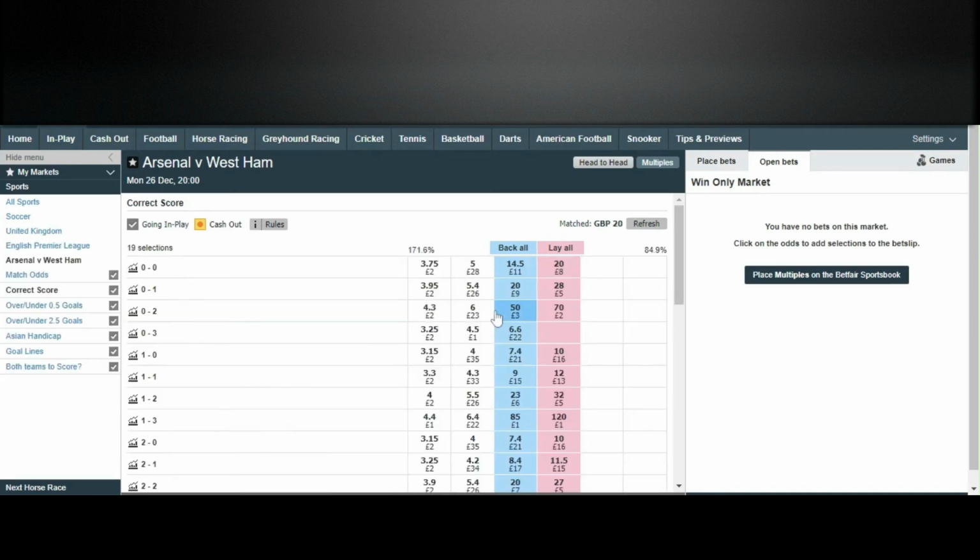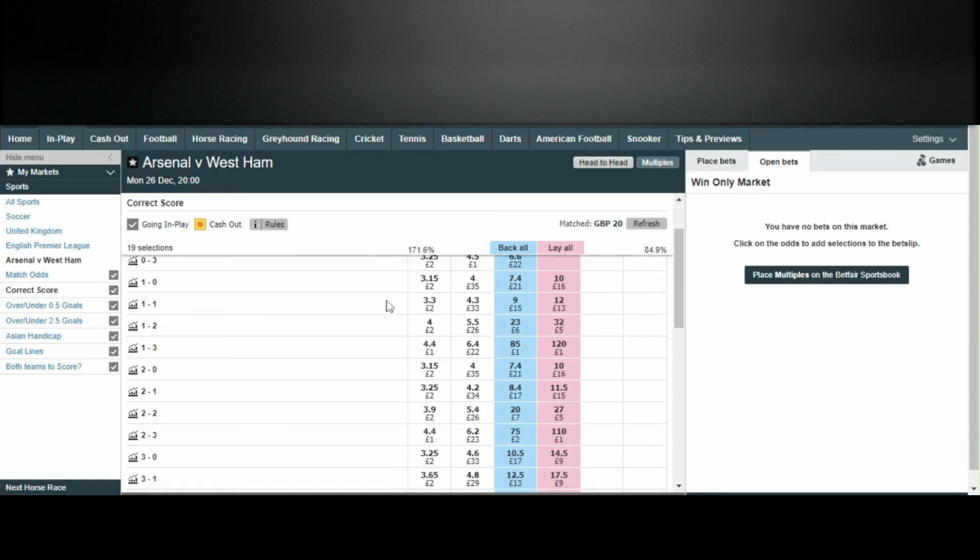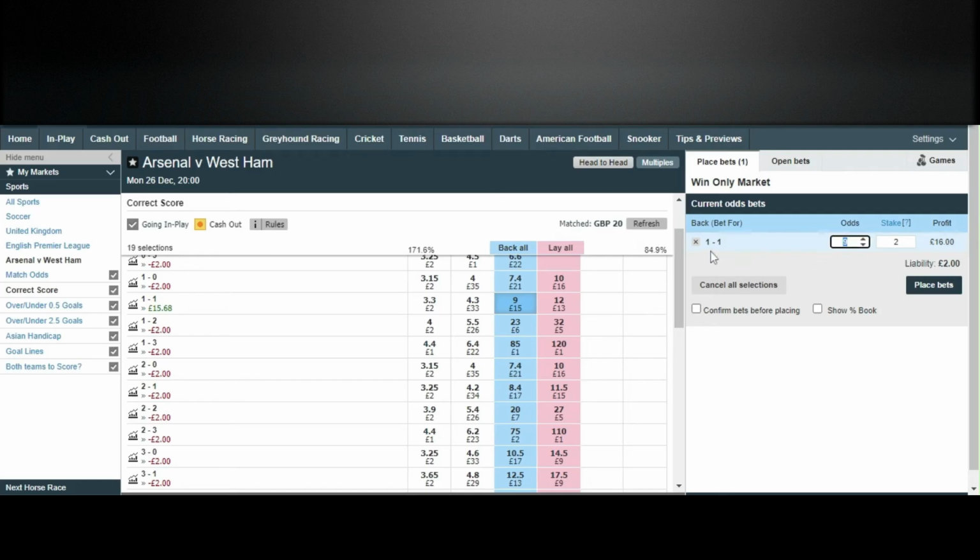So let's have a look at the correct scores. On this one, I wouldn't bother with the 0-0 because I think there's definitely going to be a goal on this one. What we'll do is we'll put the 1-1 in, for a simple reason: if West Ham do sneak a goal in, then the market is going to be expecting that Arsenal will come back, so the odds will go good on that one.